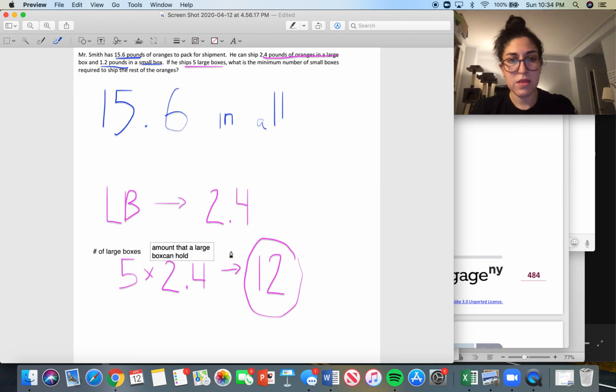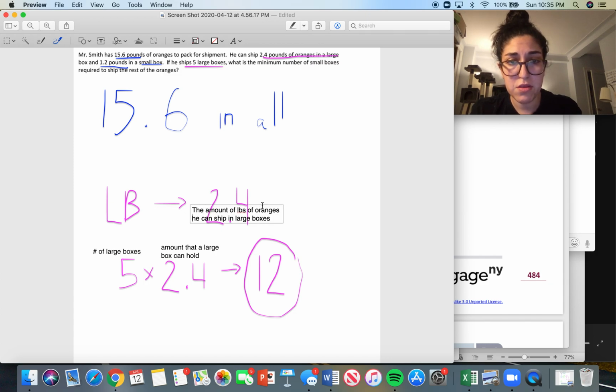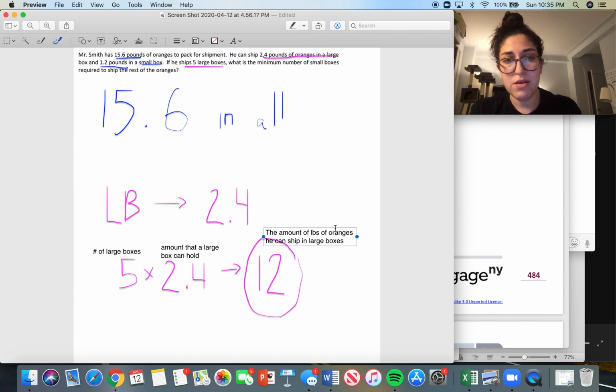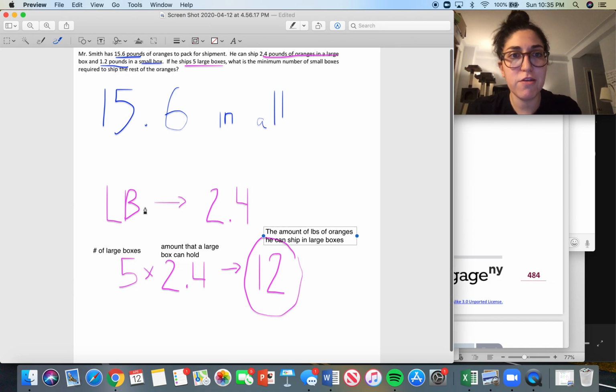So since I have 5 large boxes, each can hold 2.4, 12 is the amount of pounds of oranges he can ship in large boxes. So now I know how much he can ship in a large box. He can ship 12 pounds in large boxes.